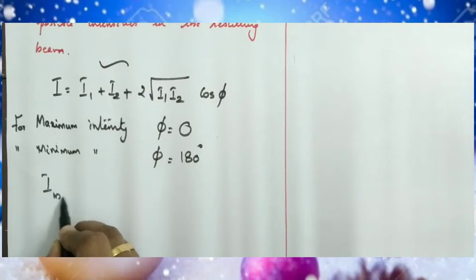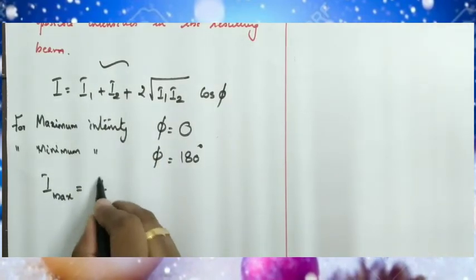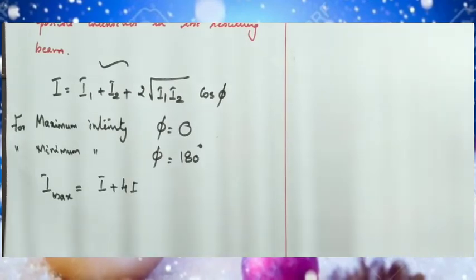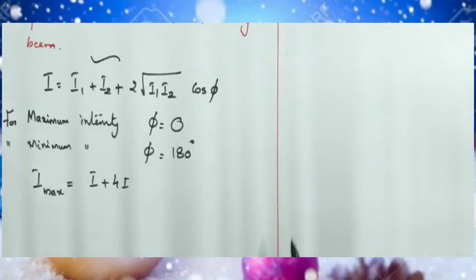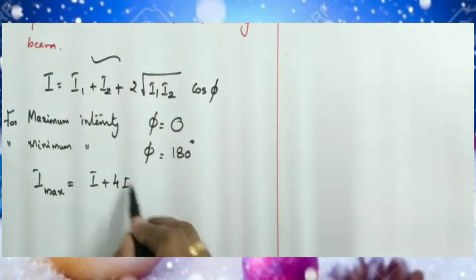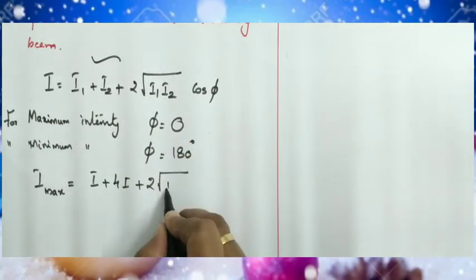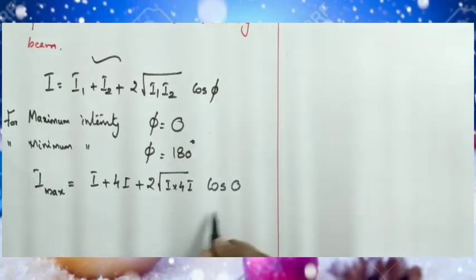So we can write the maximum intensity. What is I1 given? I. I2 can be taken as 4I. Okay, so the two intensities are I and 4I. Here I1 is I, I2 is 4I, so the maximum intensity is I plus 4I plus 2 root of I into 4I cos 0. Cos 0 is 1.